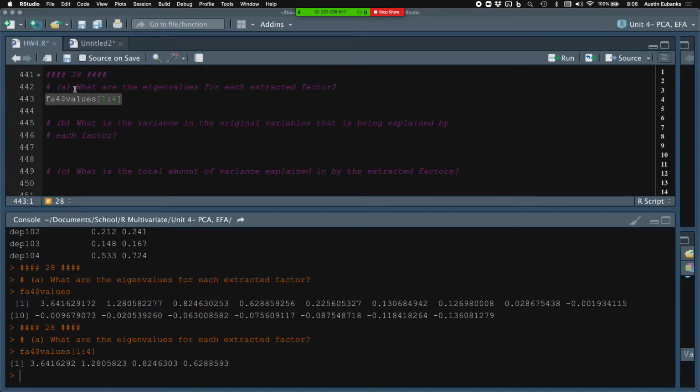Once again, the values portion of FA4 is those eigenvalues, and we can call the 4 eigenvalues from our extracted factors by subsetting using those brackets and indicating 1 through 4.